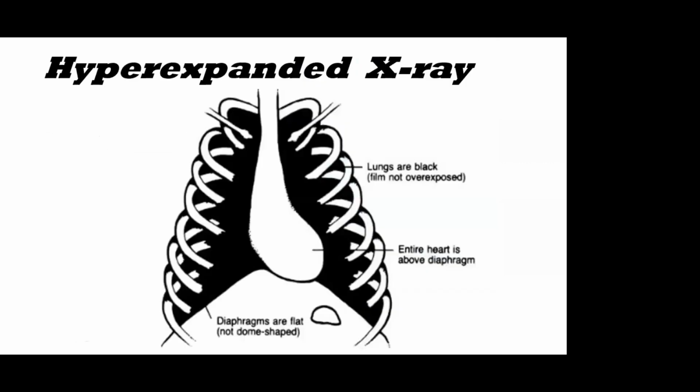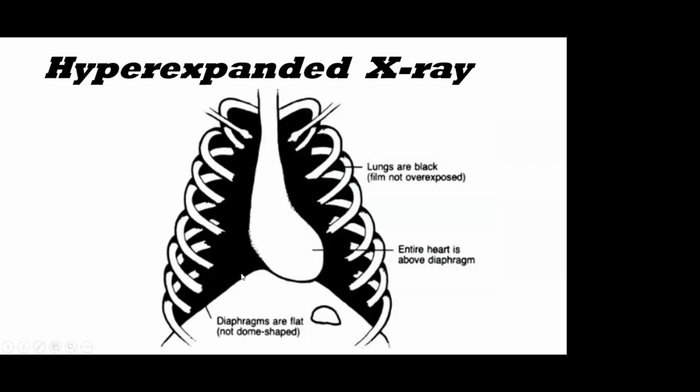Hyperexpanded X-ray, how is it going to look? The lungs will look more black to you, but mind you, the film will not be overexposed. The entire heart will be seen above the diaphragm.